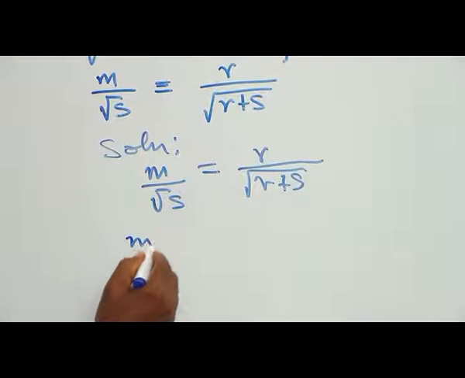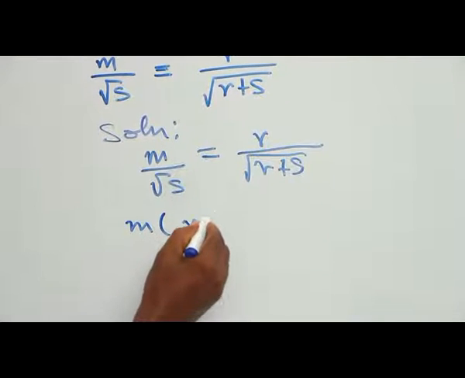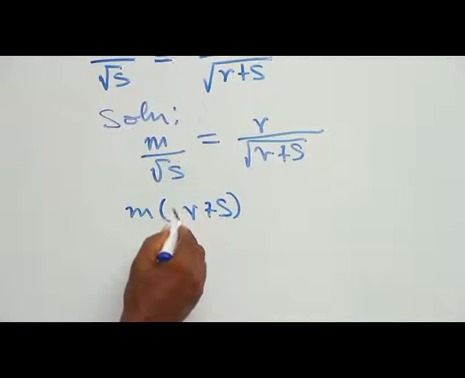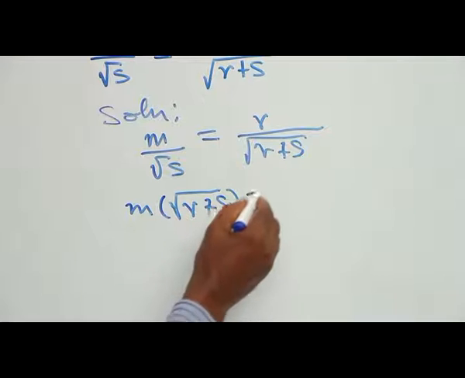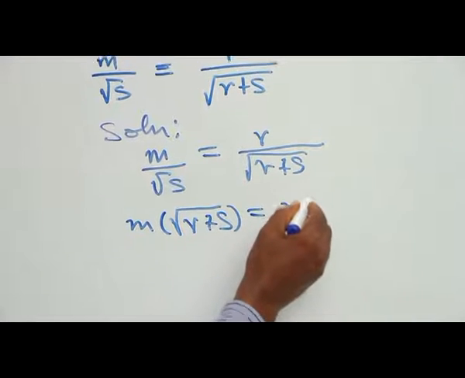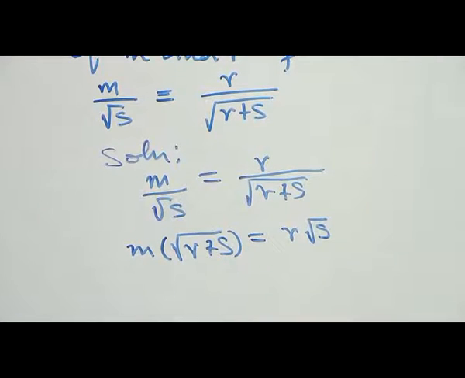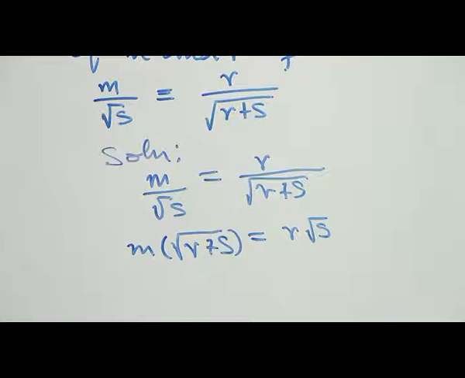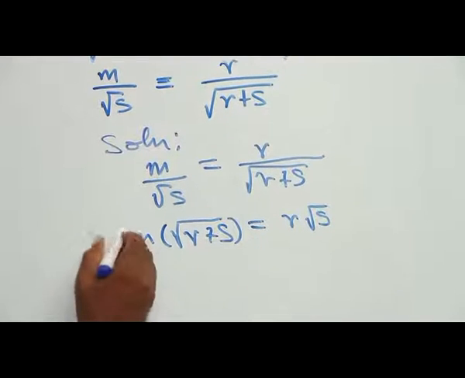So we have M multiplying root of R plus S is equal to R multiplying root S. Now that we have this, we can square both sides.